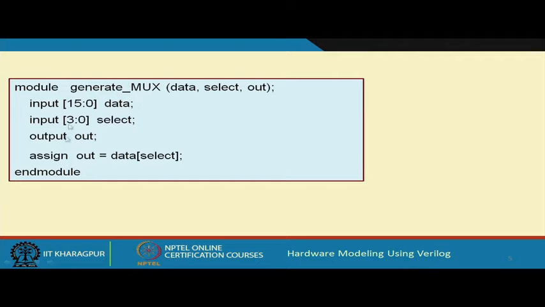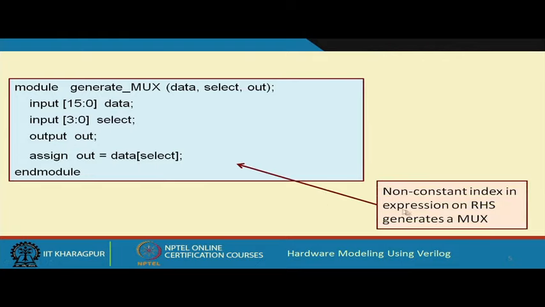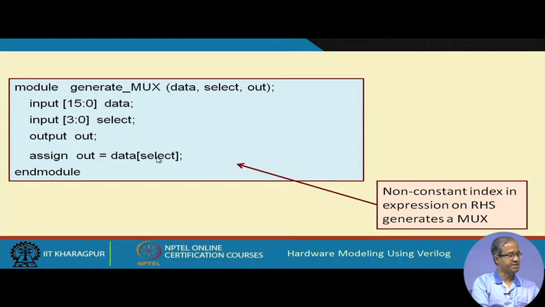Now, whenever the Verilog synthesizer encounters such a description, a multiplexer will be generated. How does the synthesizer know that a multiplexer is required? The key is a non-constant index in the expression on the right hand side.